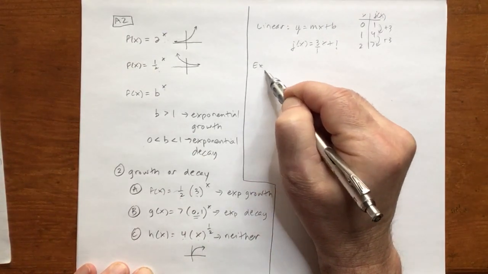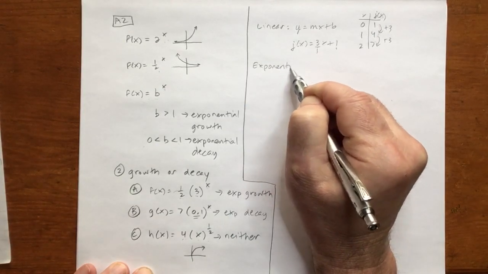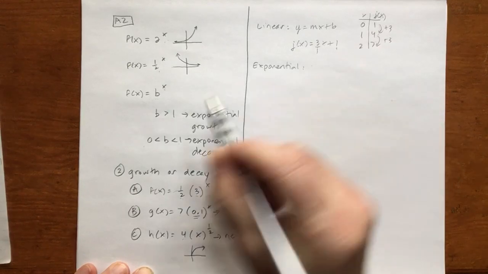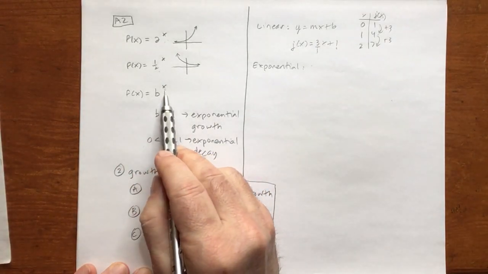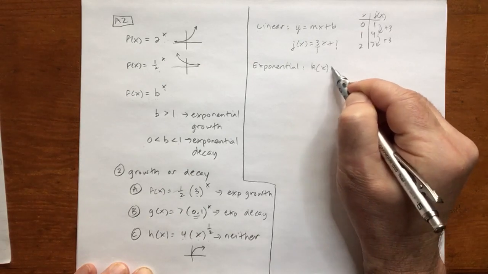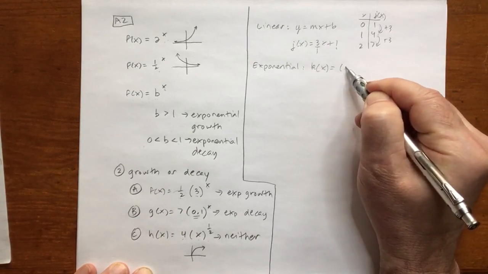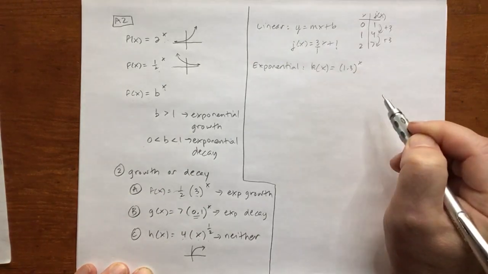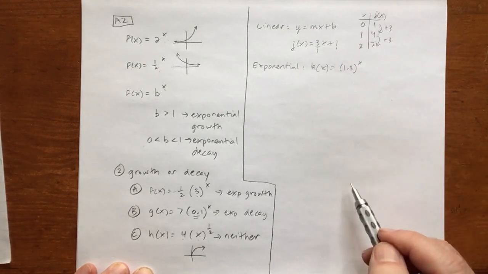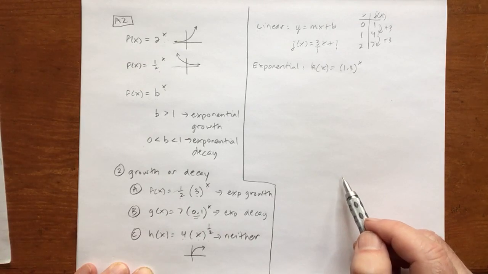So an exponential function might be something like, remember this is going to be the y equals b to the x. Let's say I have k of x equals 1.3 to the x. You notice that my multiplier is bigger than 1, so this will be exponential growth.